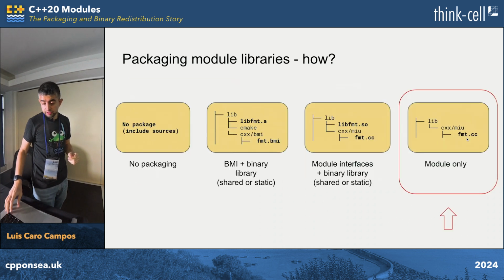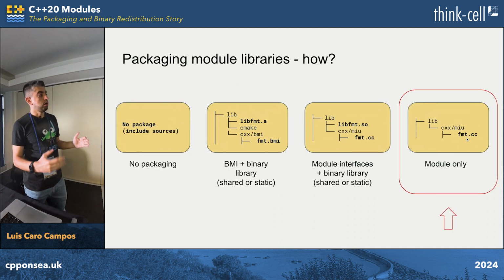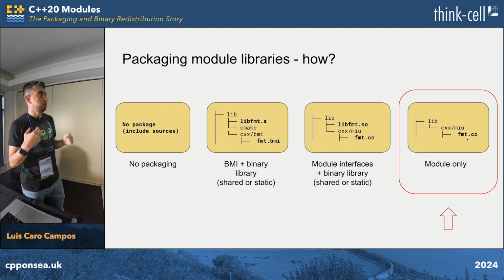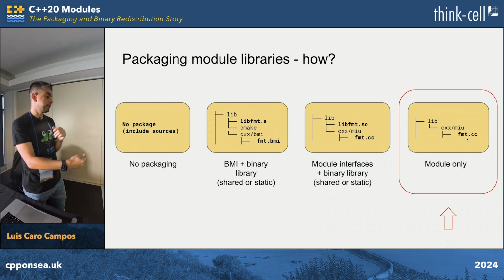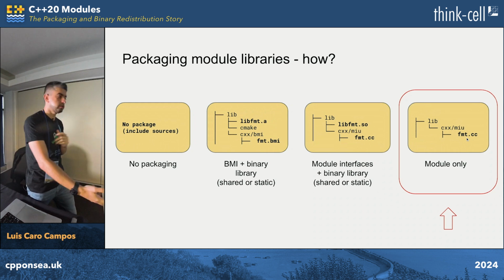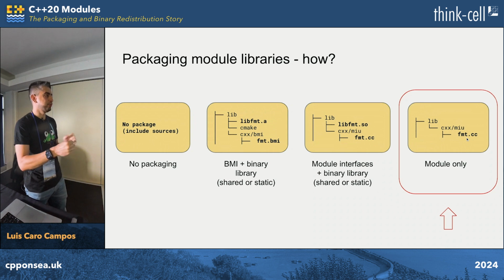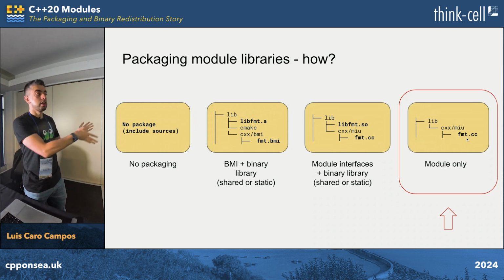And the last bit that I want to mention is a lot of library maintainers only give you header files, right? They don't want to concern themselves with building a library, maintaining a build system, supporting different compilers and platforms. They just say these are the files.